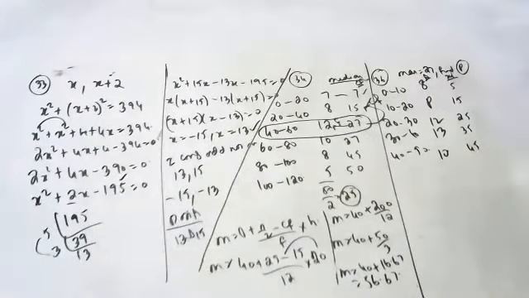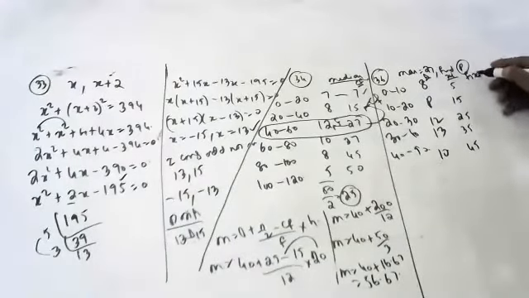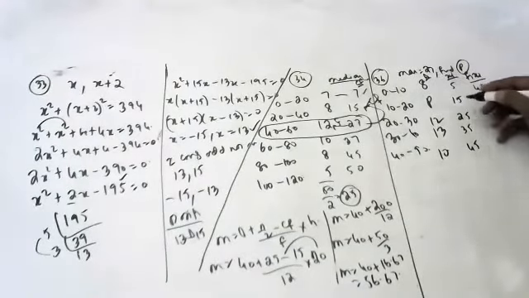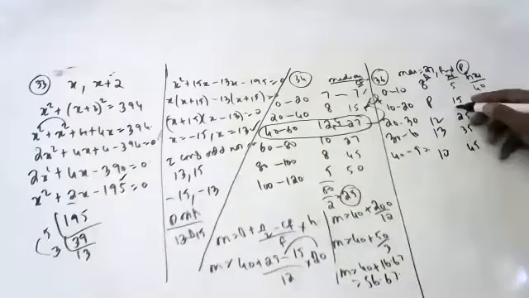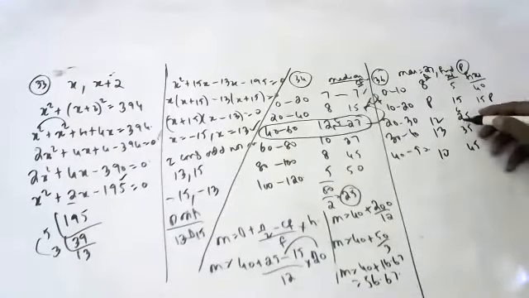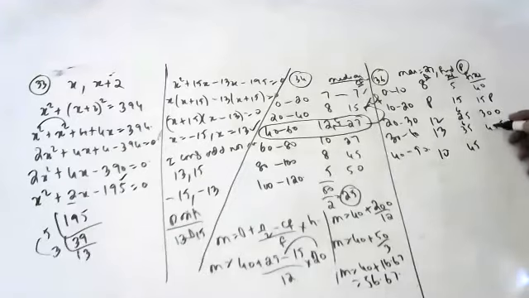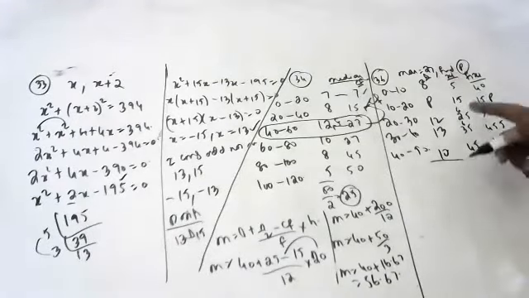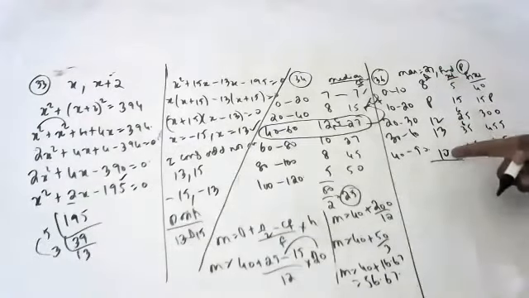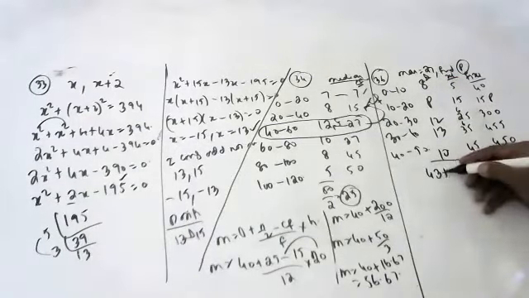So children, we should put fi xi. 8 5s are 40, 15p, 12 5s are 60, 24 is 300, 13 5s are 65, 39 is 45, 450. Okay, children. So how much is the sum of fi? 8 plus 12 is 20, 20 plus 13 is 33, 43 plus p.